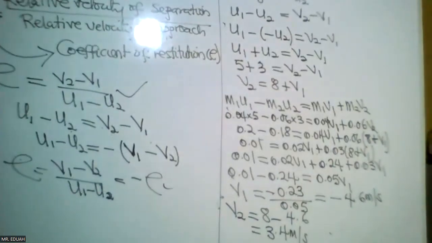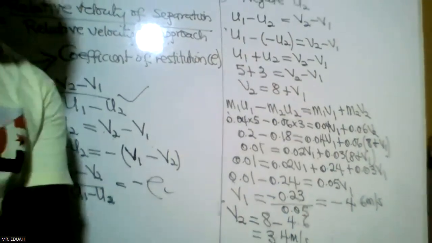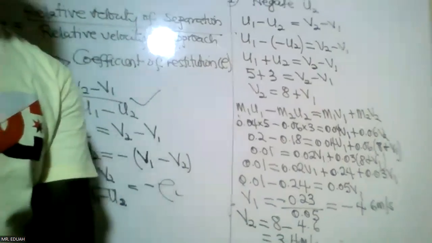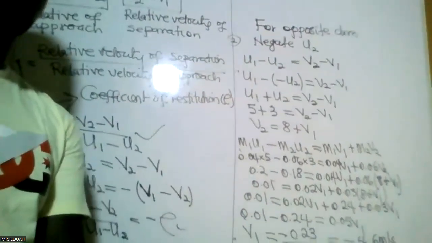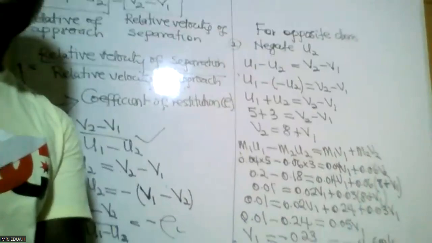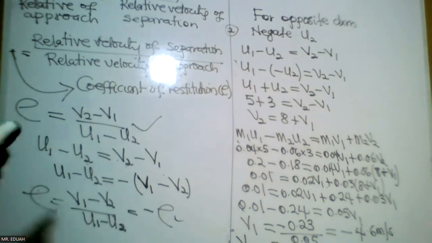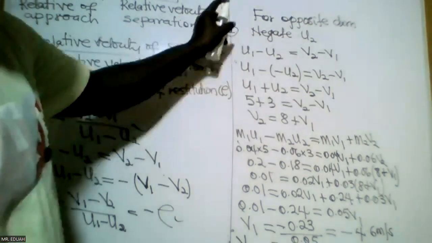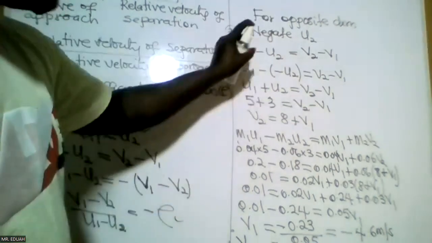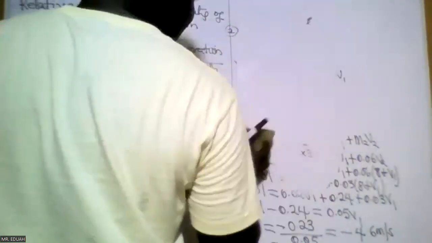Now, let's look at the uses of the coefficient of restitution. What do we use it for? You see, when we were going through the theory on the types of collision, we saw that for perfectly elastic collision, the value of the coefficient of restitution is equal to 1.